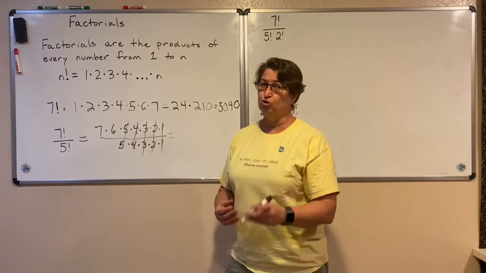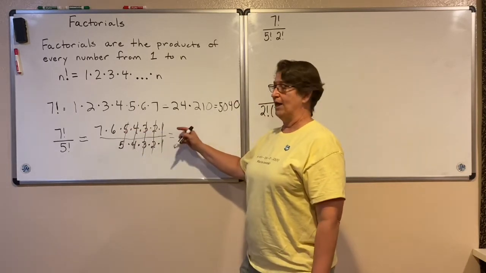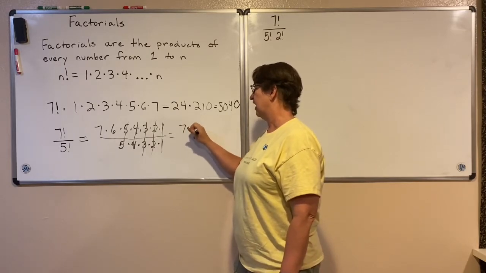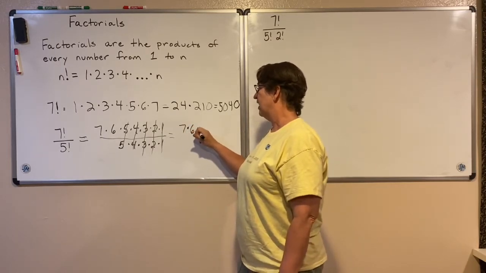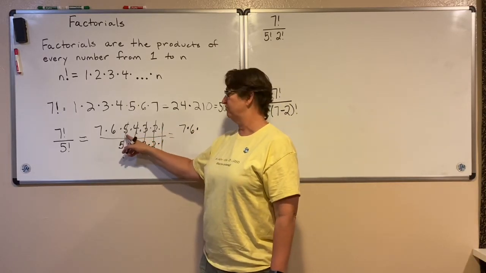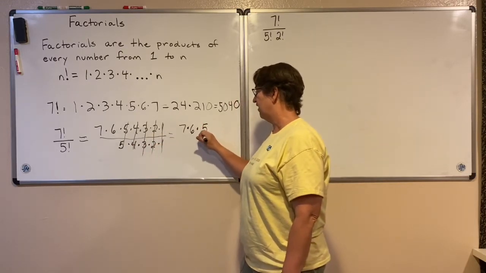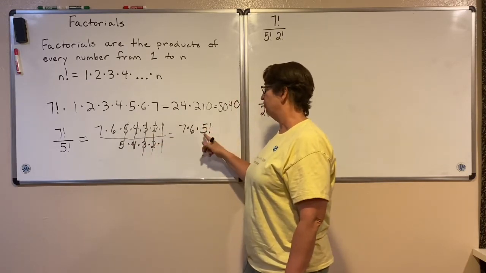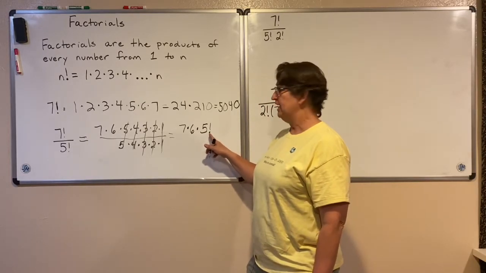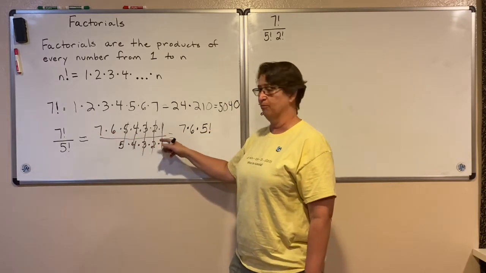But let me show you another way to write this. Instead of writing it all the way out, I could have stopped. I could have written 7 times 6, and then this 5 times 4 times 3 times 2 times 1, I could have written as 5 factorial. This means 5 times 4 times 3 times 2 times 1. This is the same thing as what I had written over there.